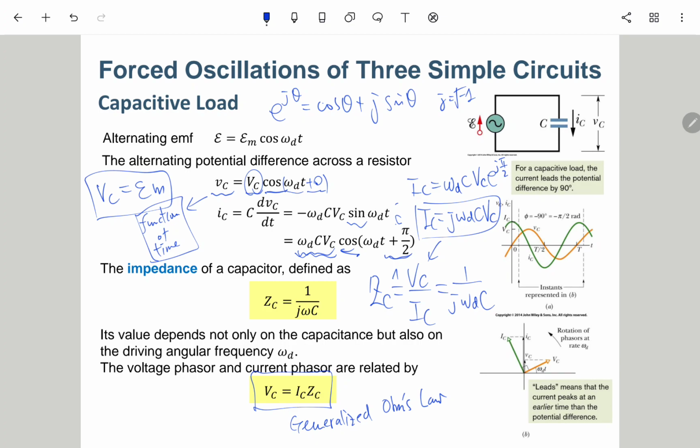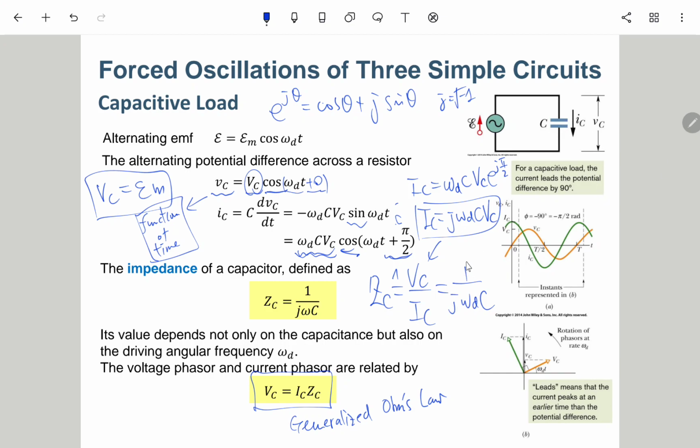This amplitude and phase of the phasor is the same as the amplitude and the phase of the function of time. So when we try to solve the circuit with AC source, with RLC, we change the circuit into phasors.